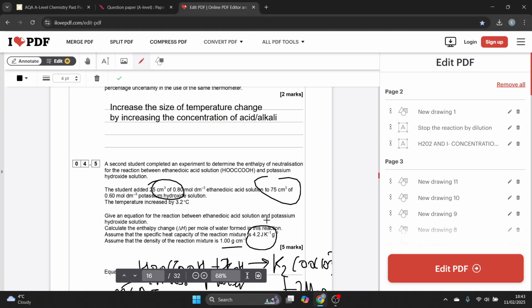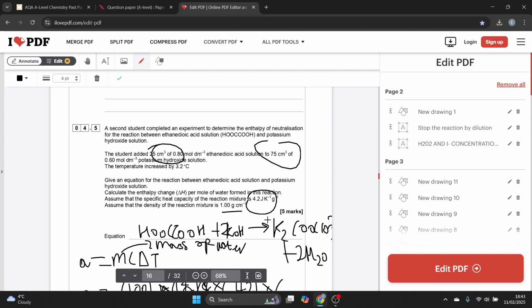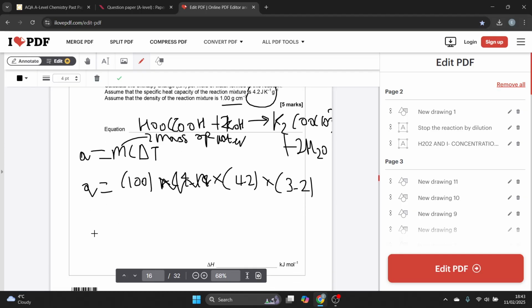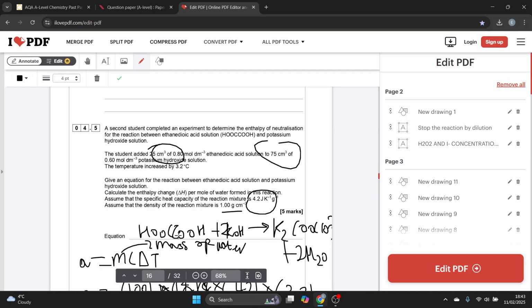Okay, times by temperature change. The temperature increased by 3.2 degrees Celsius, so that's the temperature change. Then you get Q. Then I need to find the moles, right? Moles is mass over Mr, or am I going to use moles equals concentration times volume?